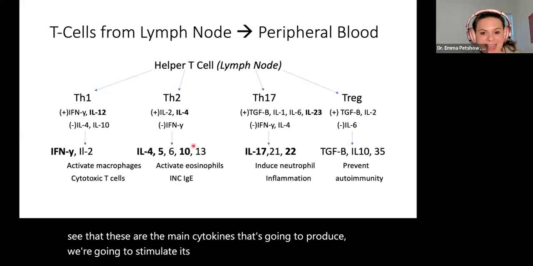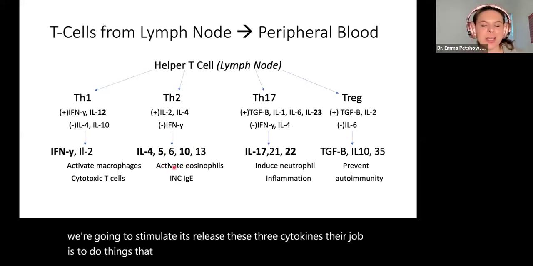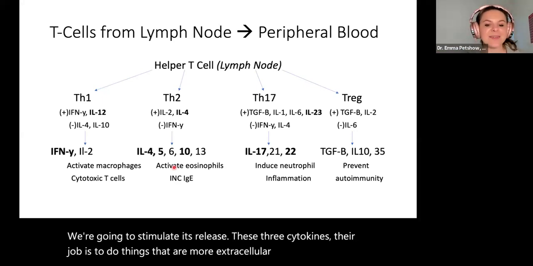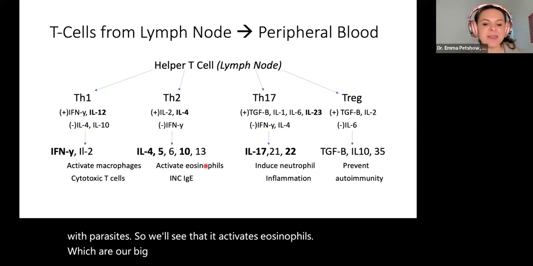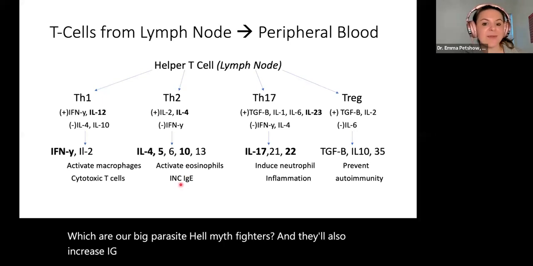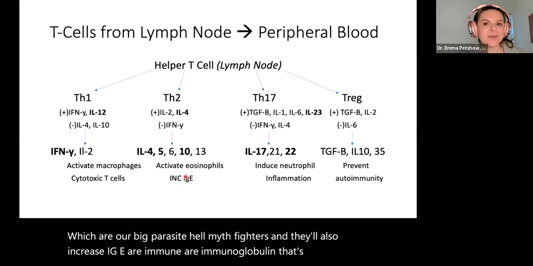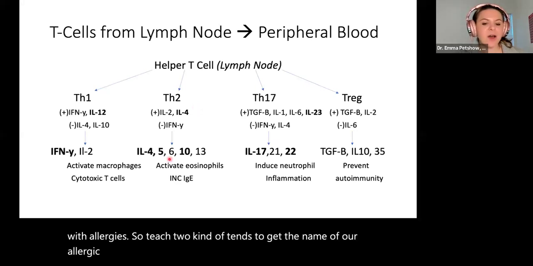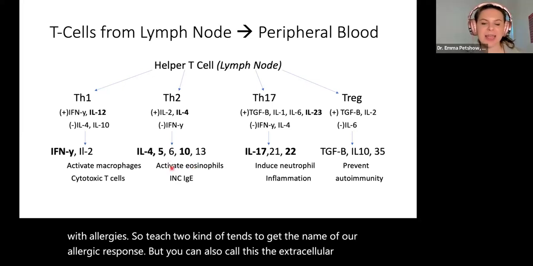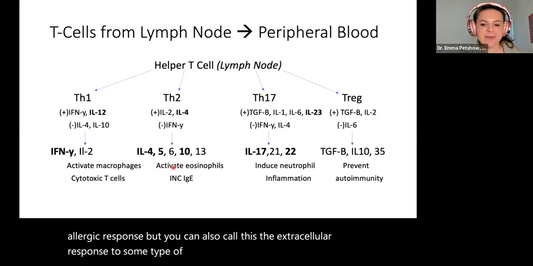These 3 cytokines' job is to do things that are more extracellular, allergic, or dealing with parasites. So we'll see that it activates eosinophils, which are our big parasite and helminth fighters. And it'll also increase IgE, our immunoglobulin that's associated with allergies. So Th2 tends to get the name of our allergic response, but you could also call this the extracellular response to some type of antigenic episode or event.